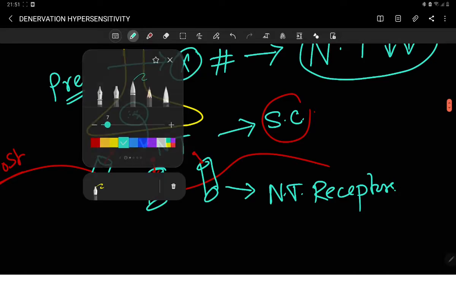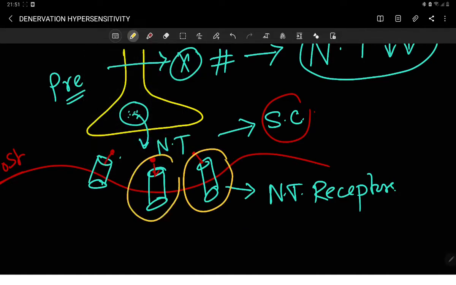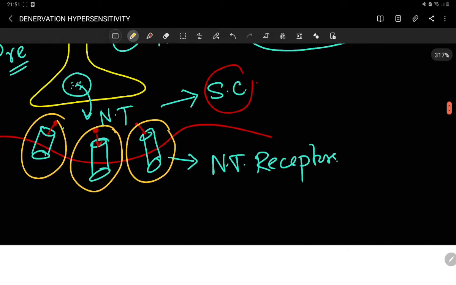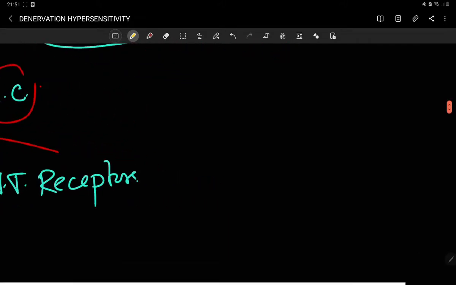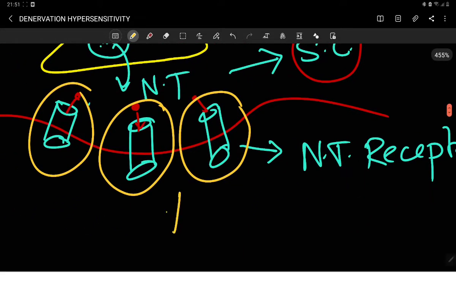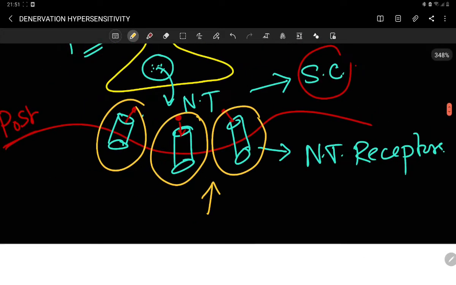Now these receptors, those located at the post-synaptic membrane, they increase their sensitivity or responsiveness to the neurotransmitter. They become hypersensitive.